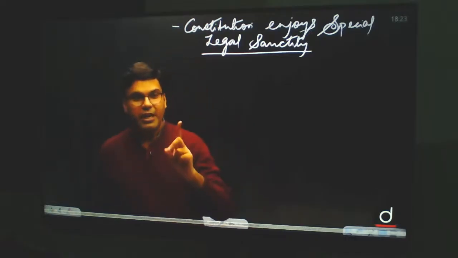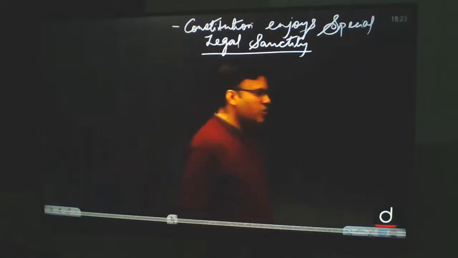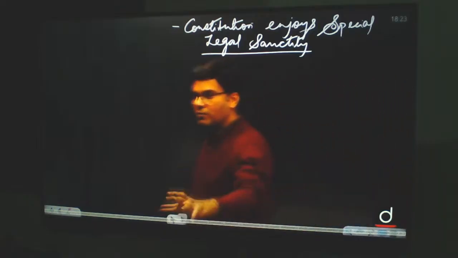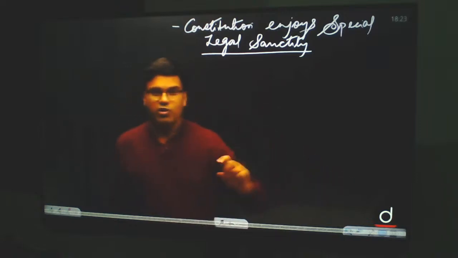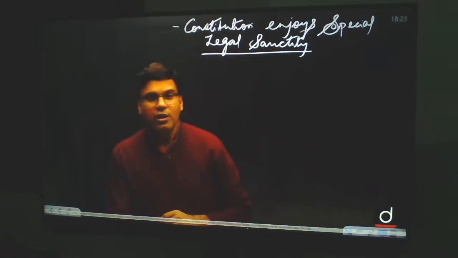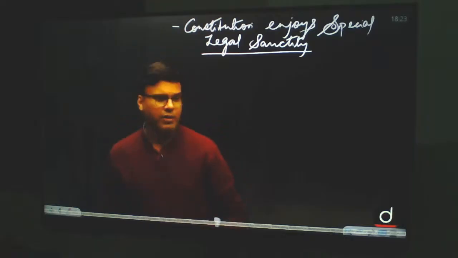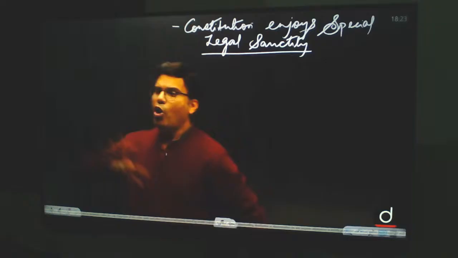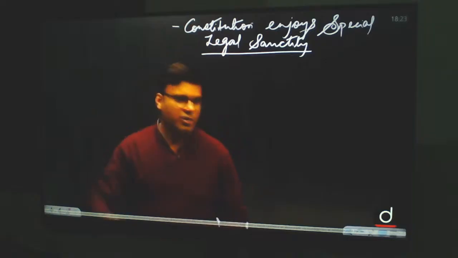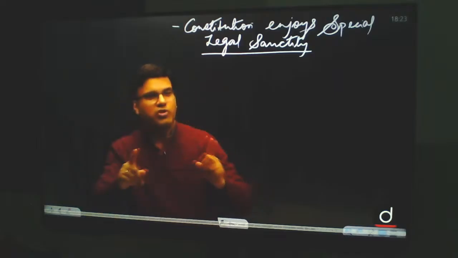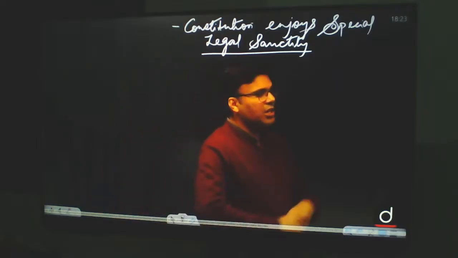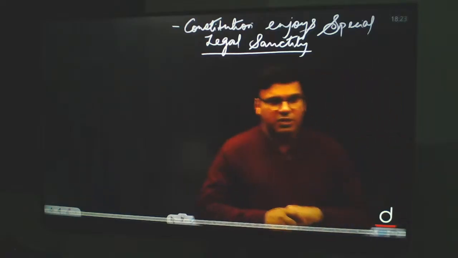Which means, preamble जब लिखा गया तो the makers of the constitution wanted to make this very clear, amply clear, that whenever this question comes about the constitution, we are going to give special legal authority to the Constitution of India, because it is only the Constitution of India directly from the people of India, while all other institutions derive their power and authority from the Constitution of India. That is why it is the Constitution only which has this special legal sanctity, or the special legal authority.